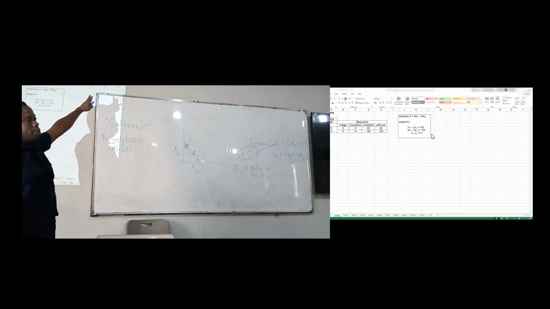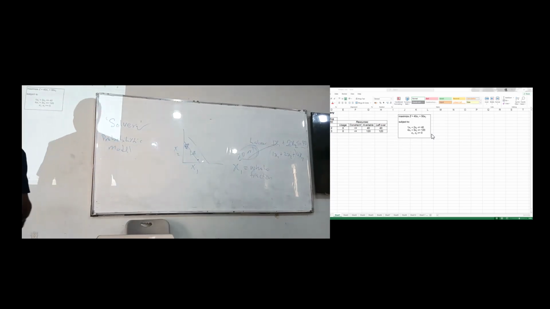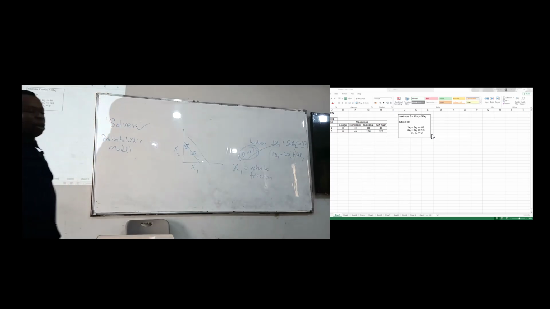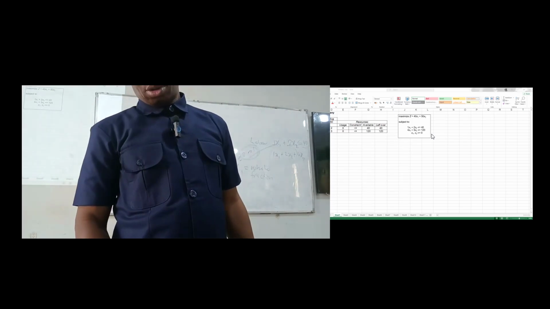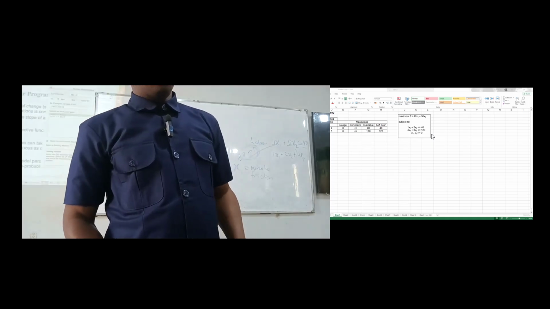So we will still have 0, 0 here, and 0 there, where we have the formulas. They will not have the answers because we have not yet solved. So you go to Data, and then your Solver will be at the extreme right corner. So you simply click on the Solver. And this window will pop up.